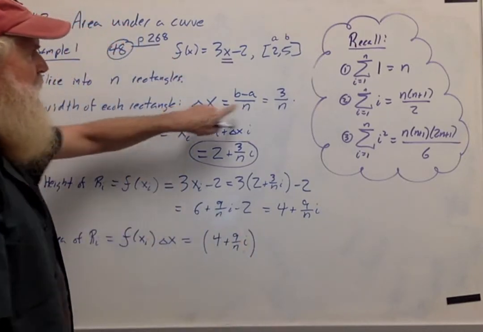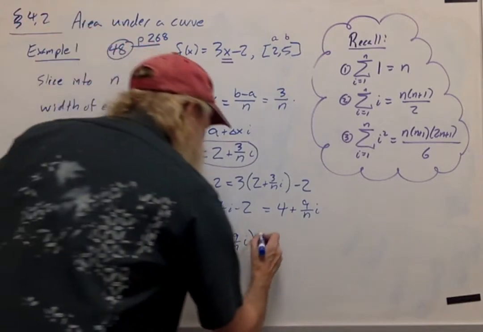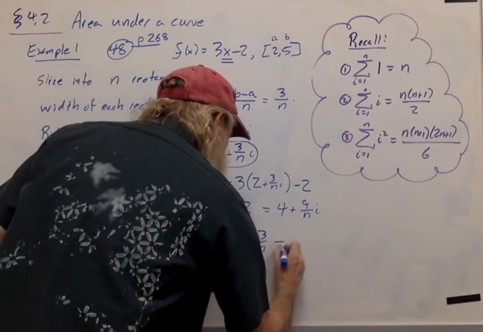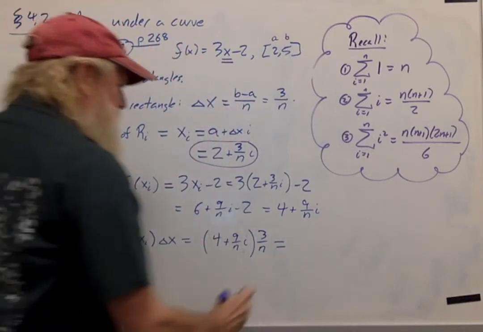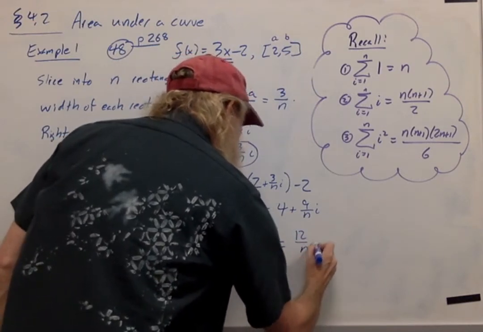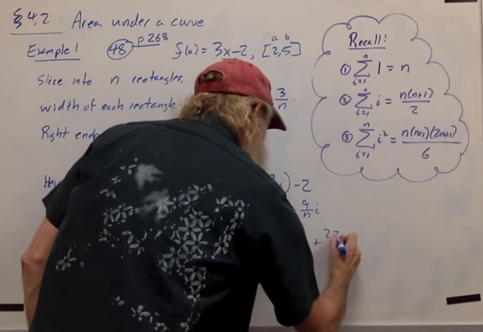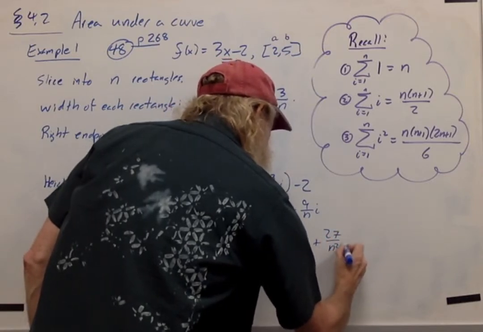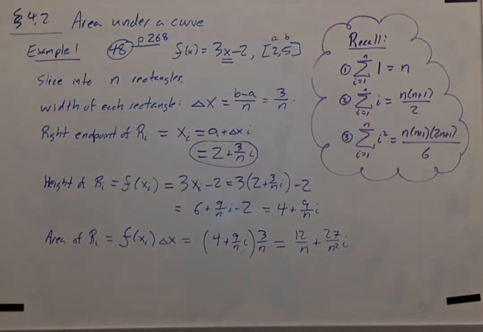And the formula for delta x was 3 over n. Distributing, that gives us 12 over n plus 27 over n squared times i.